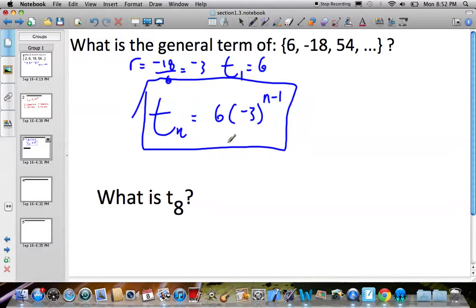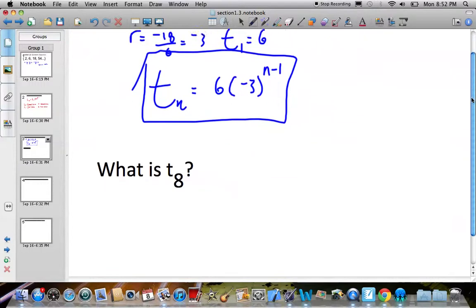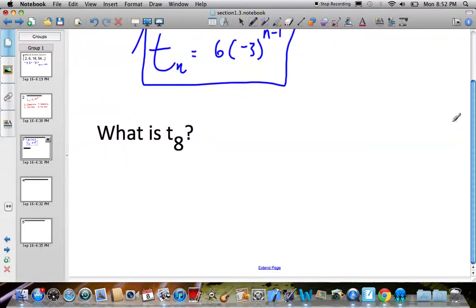That is it. Now this is useful for finding a particular term in the sequence. So we're going to find the 8th term, T8. T8 is equal to 6 times negative 3 to the 8 minus 1, which is 6 times negative 3 to the 7.